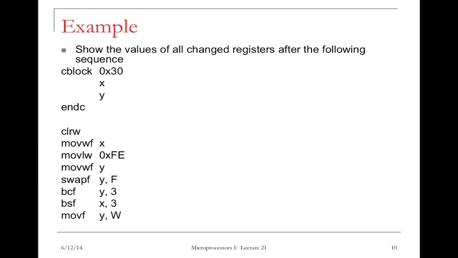The first instruction is clrw, then movwf x, then movlw 0xFE, then movwf y, then swapf, then bcf, bsf, then movf. I'll give you 1 minute to work on this example. Your task is to show the values of all changed registers after the following sequence.